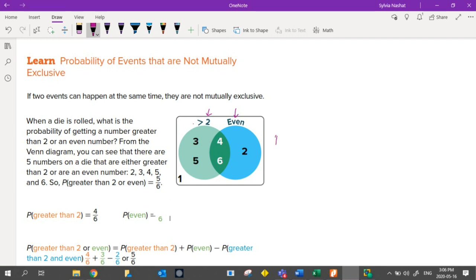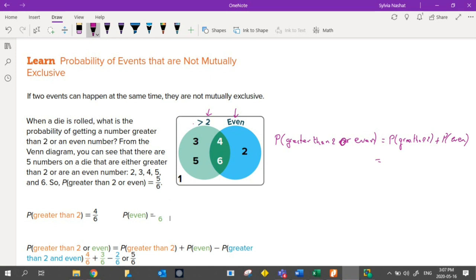In this case, what will be the probability of having a number that is greater than 2 or even? If we use the first rule, probability of the first event, greater than 2, plus probability of even numbers, let's see what the answer will be.